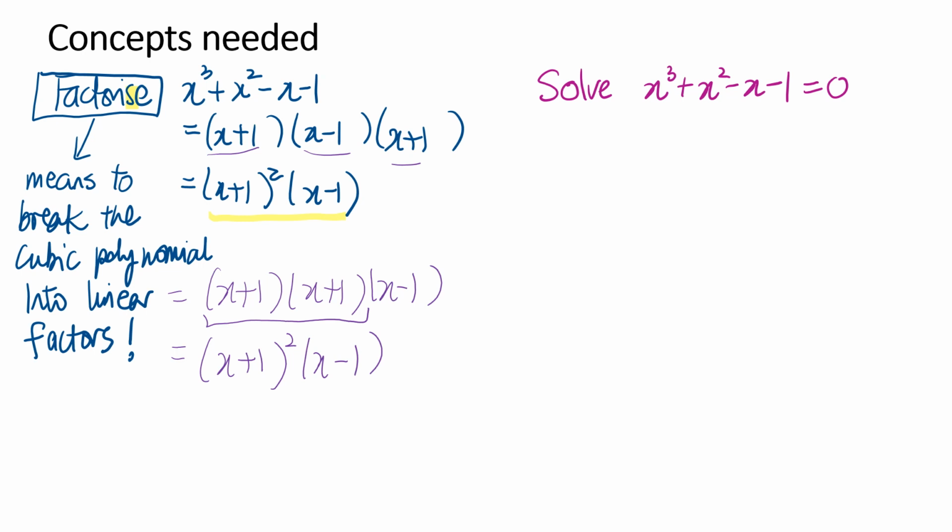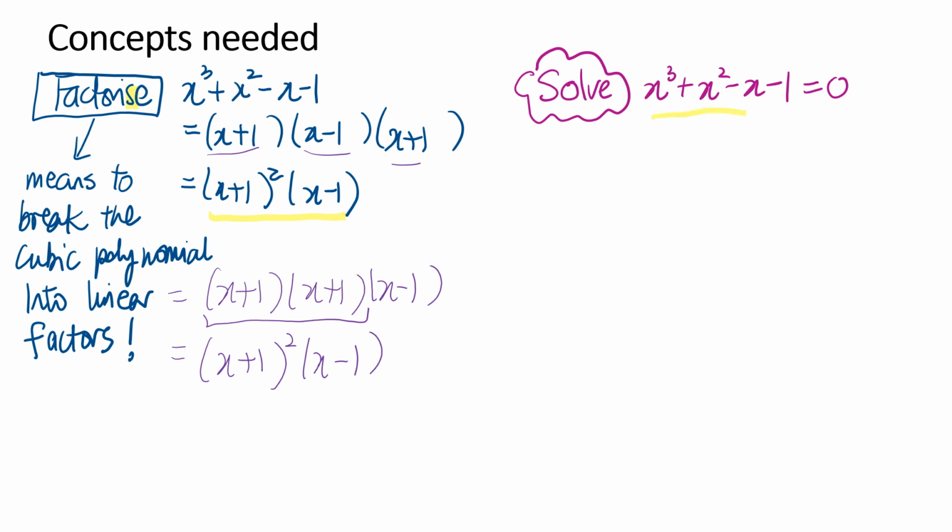Alright, to recap, when you are asked to factorize a polynomial, it means you break the polynomial into linear factors, and that's it. But how about solving quadratic or cubic equations or any equations? If you see the word solve, most of the time you'll be given an equation instead.